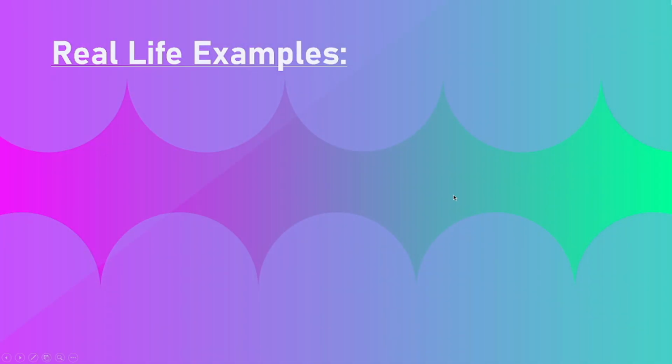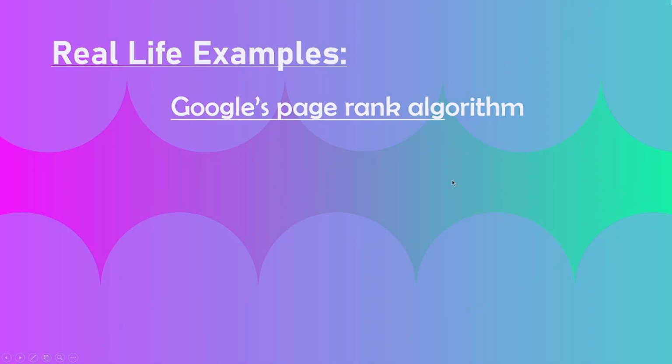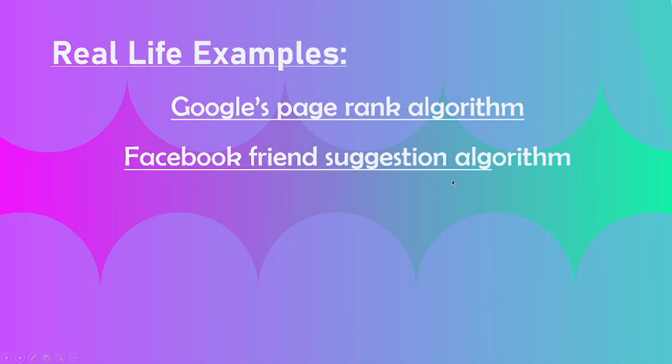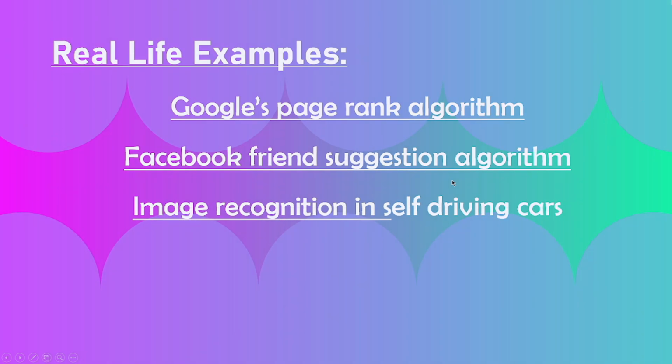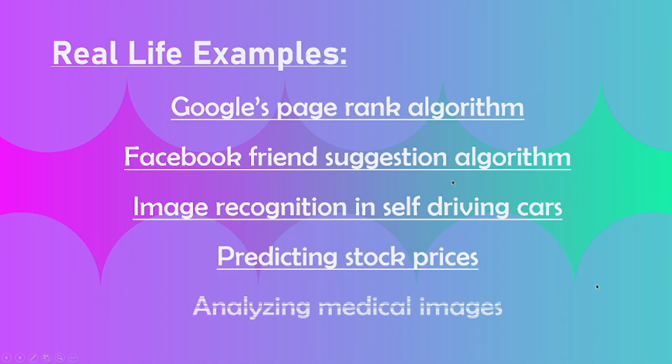They are Google's PageRank algorithm, Facebook friend suggestion algorithm, image recognition in self-driving cars, predicting stock prices, analyzing medical images.